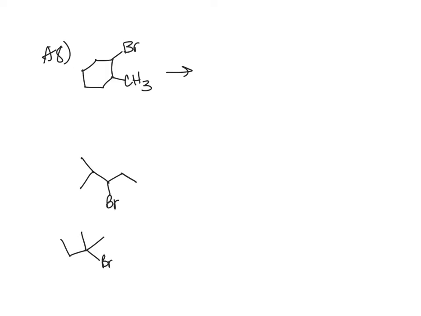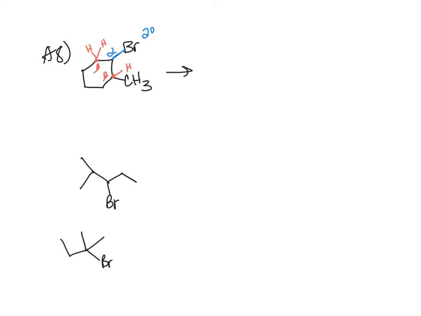Okay, so the first thing I want you to do is find your leaving group, and that's your alpha. And then I want you to classify that. That's a secondary. So that means you have 2 betas. You have this beta, and you have this beta. Then you draw in your beta hydrogens. This has 1. This has 2.